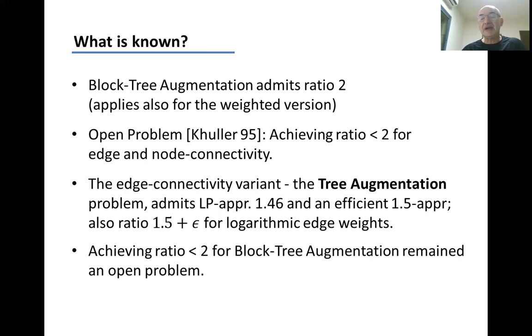And in addition, there is also a 1.5 plus epsilon approximation when the edges have weights, but the weights are bounded by a logarithm in the number of nodes. So there was substantial progress for the edge connectivity version, the tree augmentation problem. However, achieving ratio better than 2 for the node connectivity version, the block tree augmentation problem, remained an open problem.